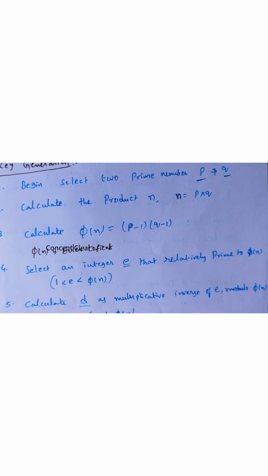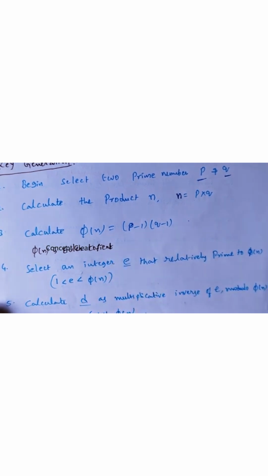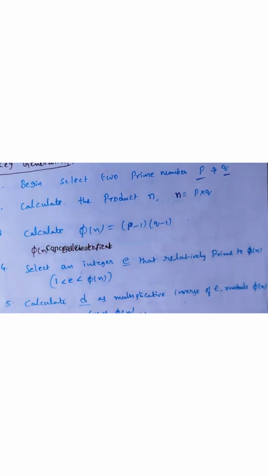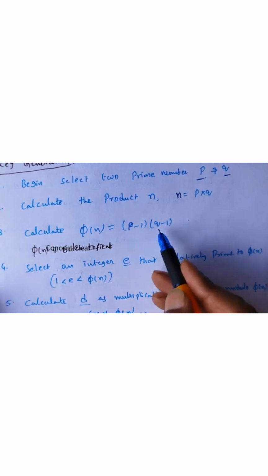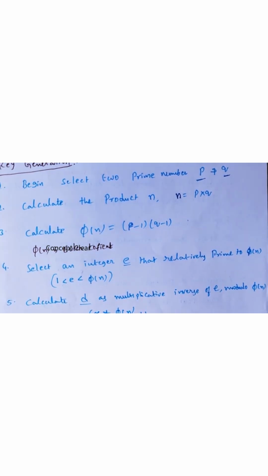Next, we calculate phi of N, referred to as the Euler coefficient value of N, though it is not in our syllabus. According to key generation, the phi of N value is P minus 1 into Q minus 1.